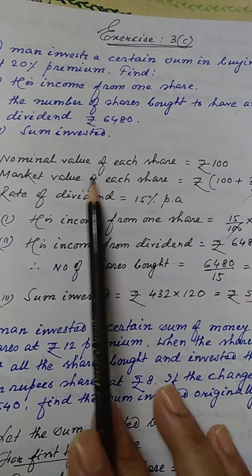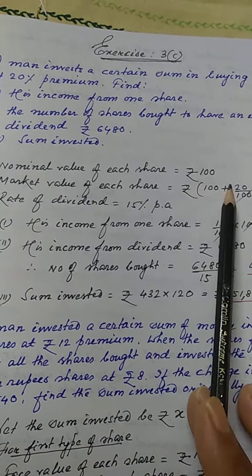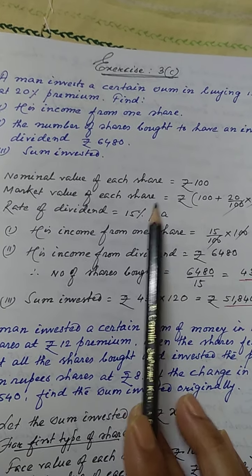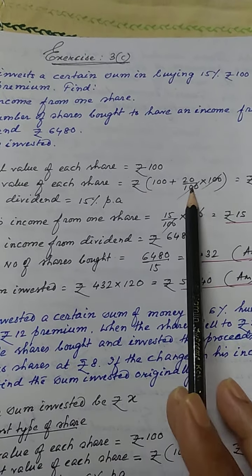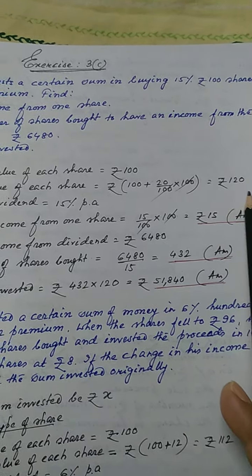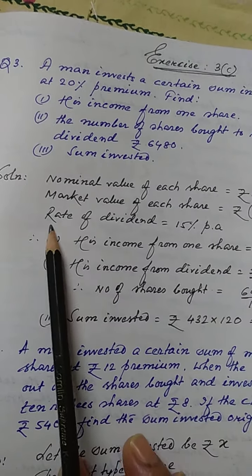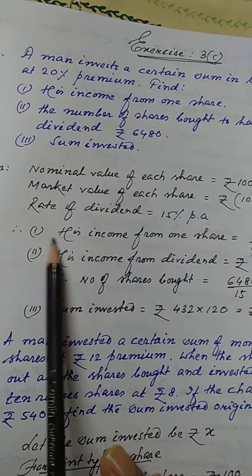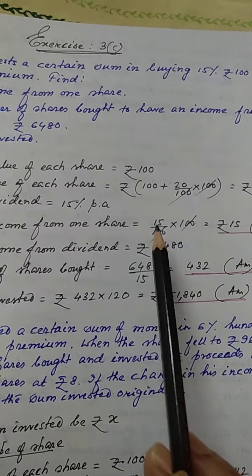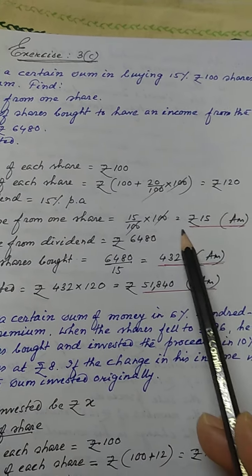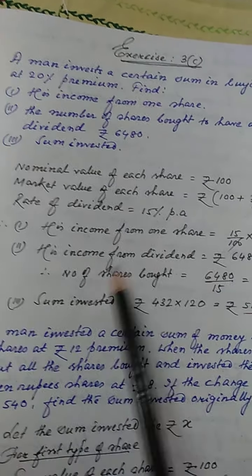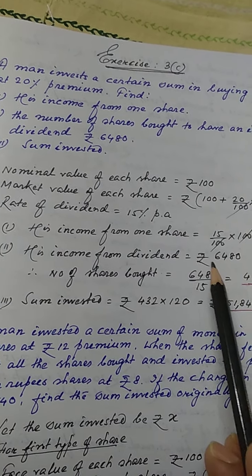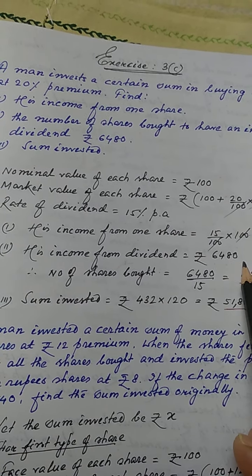So here the nominal value of each share is given rupees 100, market value of each share, that is at 20% premium, 100 plus 20% of 100, it's coming rupees 120, and the rate of dividend is 15% per annum. So his income from one share will be 15 by 100 into 100, it's coming rupees 15, and his income from dividend is given rupees 6,480.